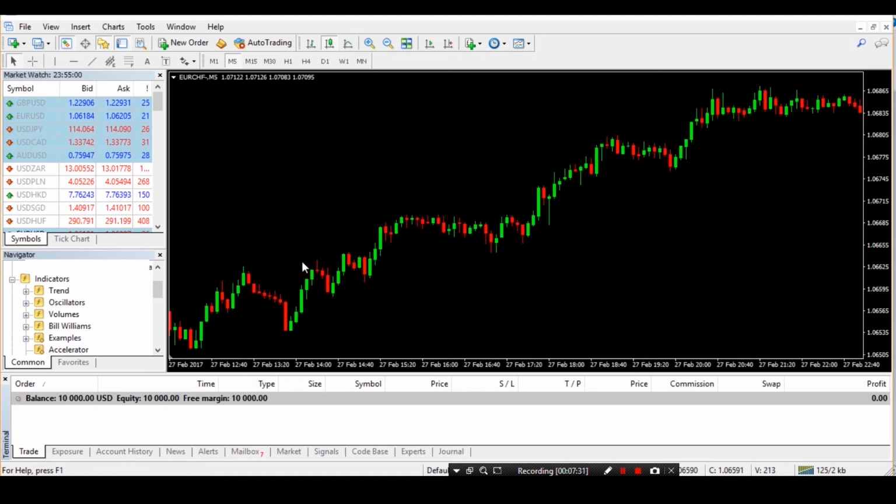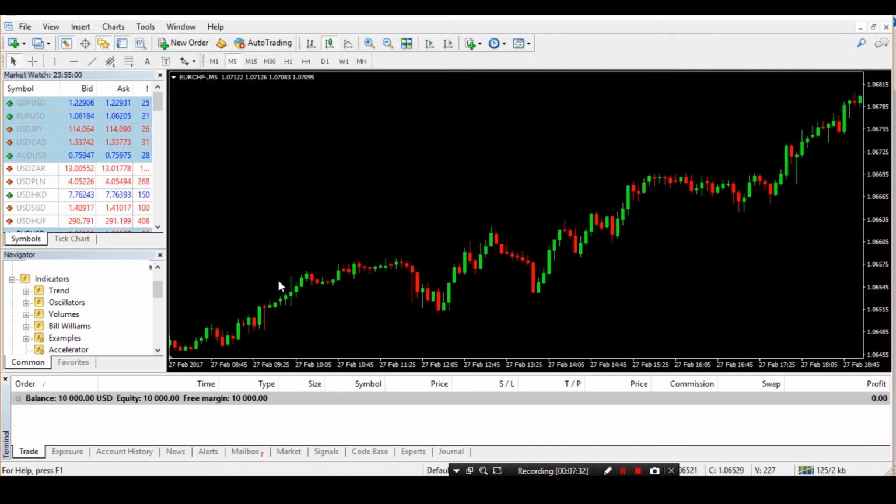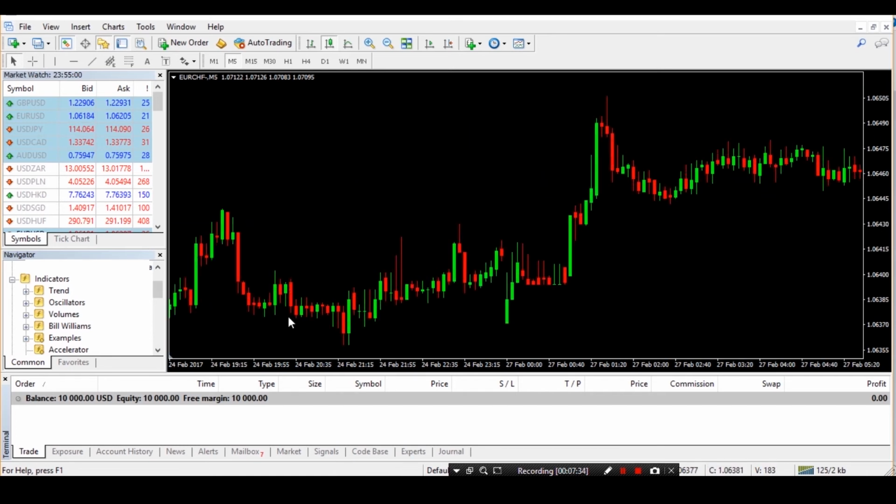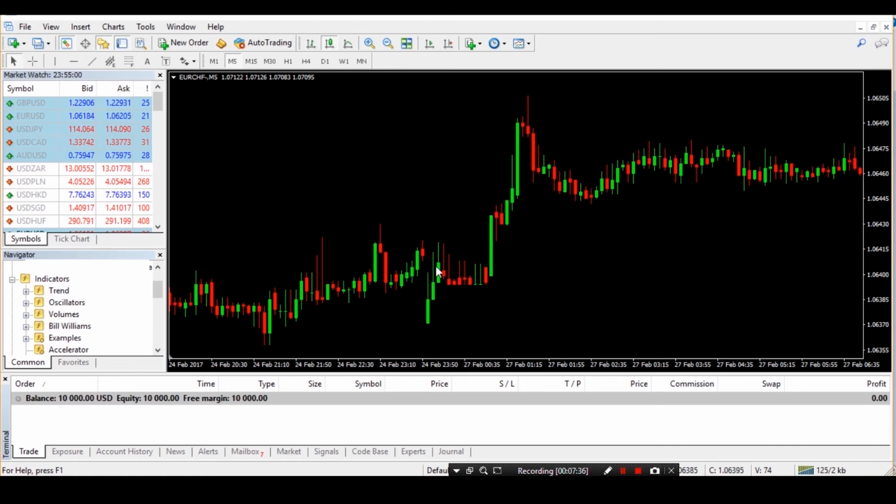So from here, we're going to figure out the close of the candlestick before the gap. So this is a bearish candlestick, so our close is at the bottom. And the open of the candlestick after the gap. So our open is down here. Wow, that's a big gap.